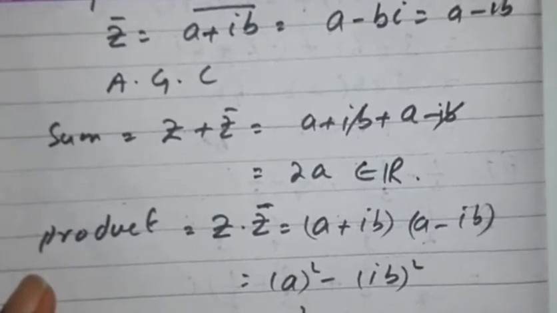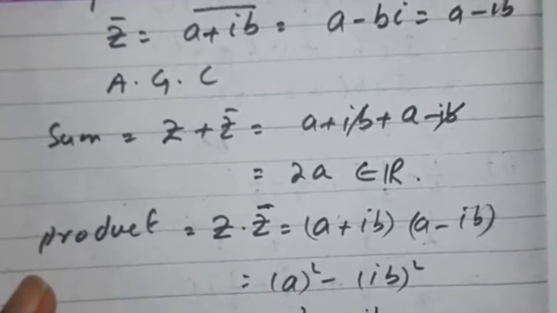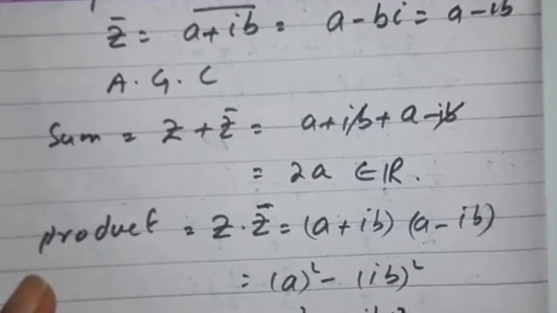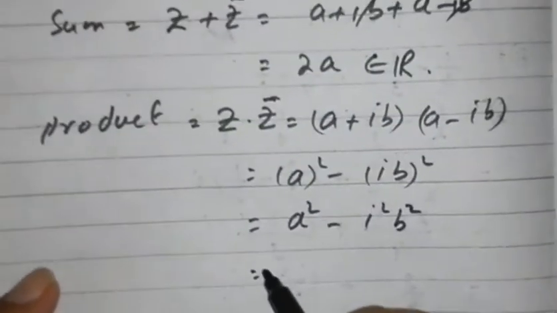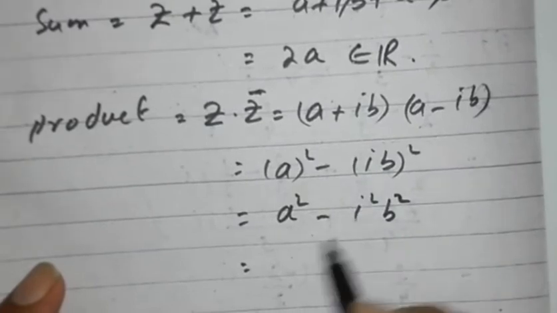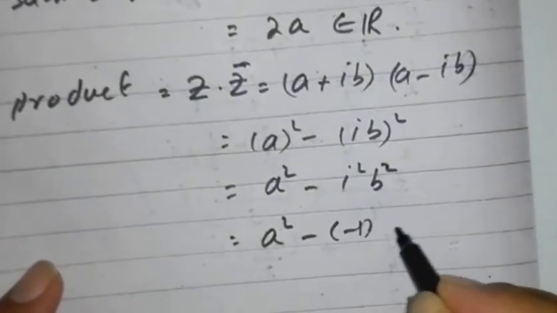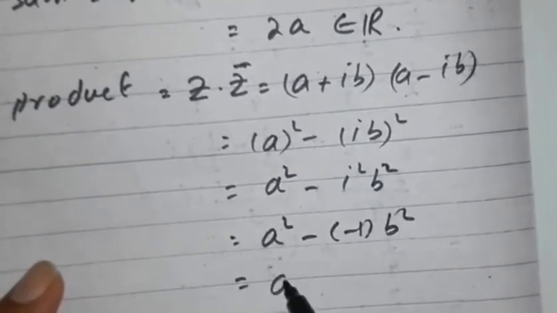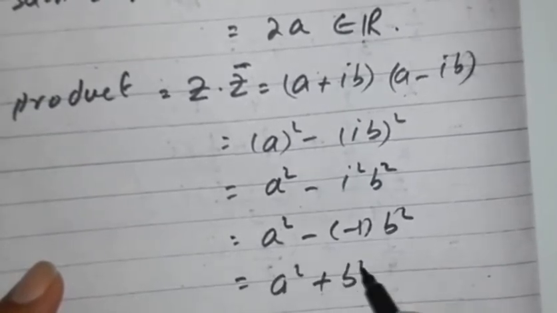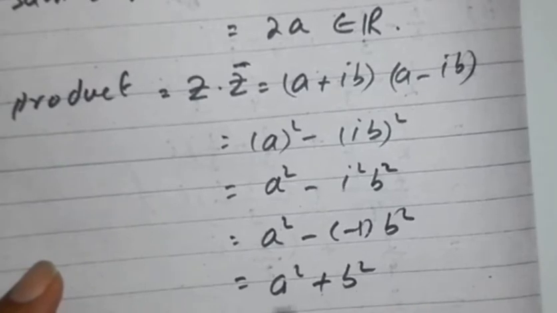Here we get a square, and minus here we get iota square b square. We know that the value of iota square is minus 1, so we can write it a square into minus 1 b square. So a square minus into minus plus b square. A square plus b square.